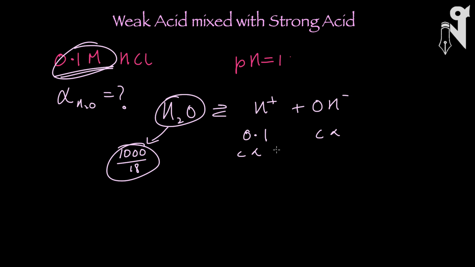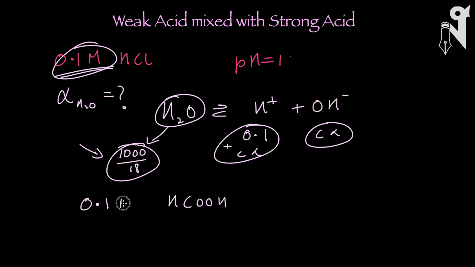Why? Because people might not think of this value when getting the answer. In the previous question we gave the concentration of formic acid, we gave the concentration of HCl, and we asked you the alpha of formic acid. And this time, what am I saying?